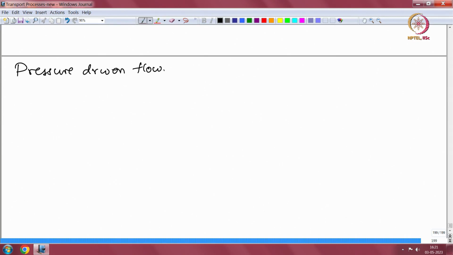So, pressure is a compressive force. It acts in the direction perpendicular to the surface, along the inward perpendicular to the surface, and it tends to compress the differential volume. Pressure exists even in the absence of flow.